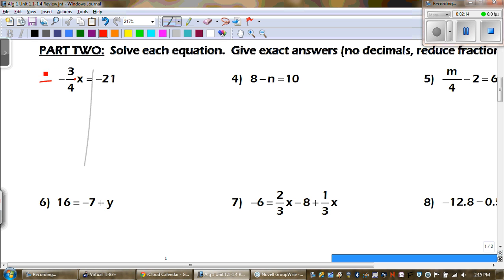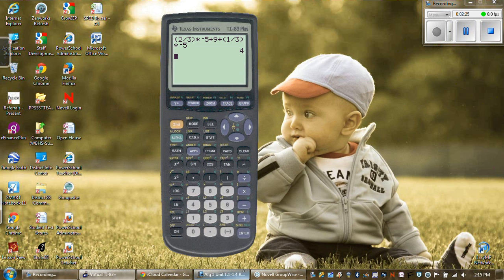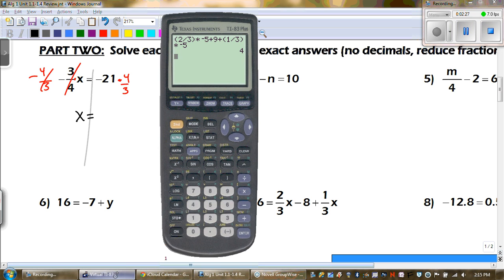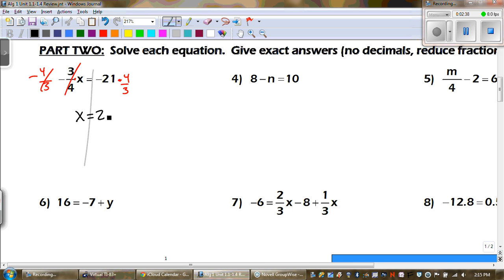When you're getting rid of a fraction, you multiply by the reciprocal. Those cancel, and you're left with x equals -21 times -4/3. And you get positive 28. Remember that was supposed to be a -4/3.